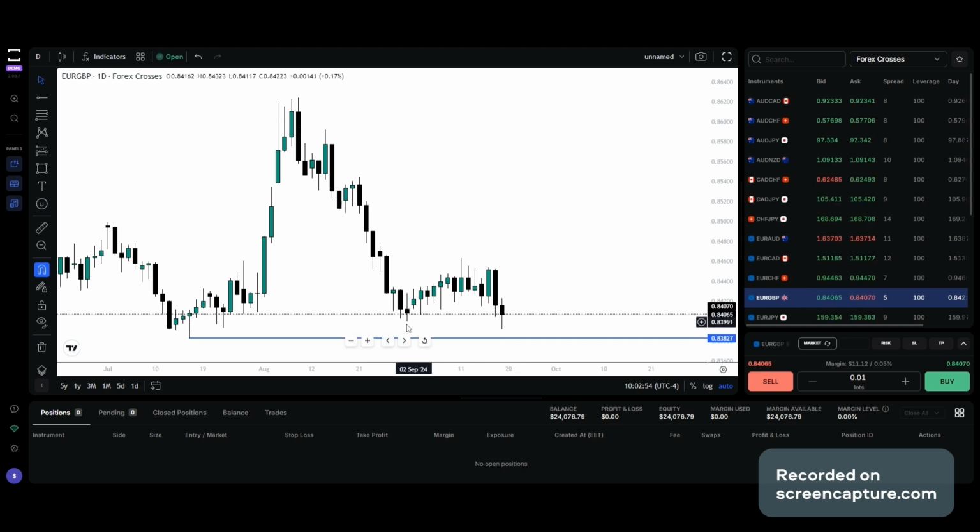We've already taken out this low here, and I believe we've taken this low out as well. So this low is 0.8393, and this low is 0.8391. Okay, so we've taken out this low as well. And now this low here is the next low that we're targeting.